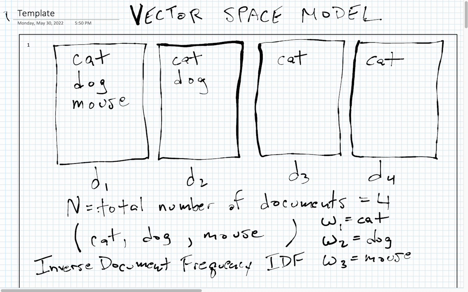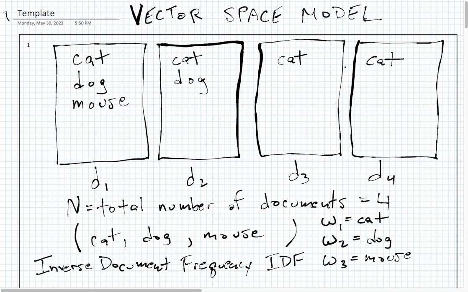So what the inverse document frequency is trying to determine is it's taking a look at the documents here and it's saying, well, look at this word cat. The word cat appears in every one of the documents. So the word cat is really not a good discriminator of documents. It really doesn't separate any one document from the other.